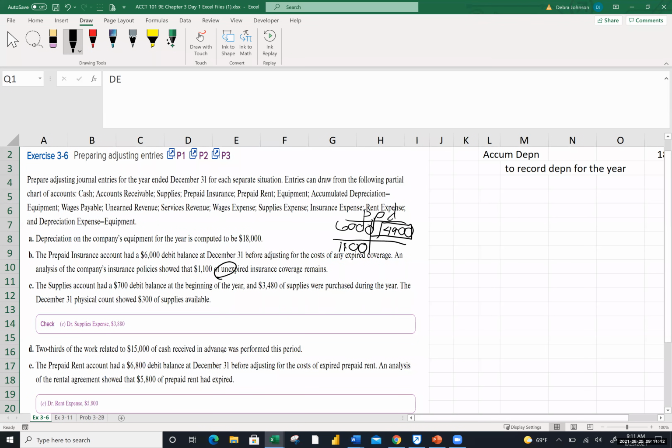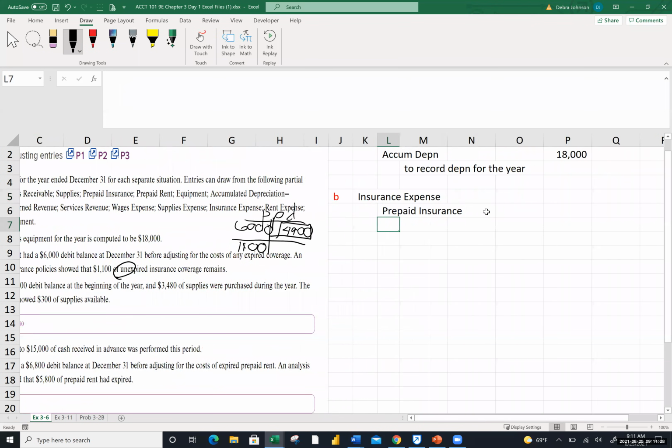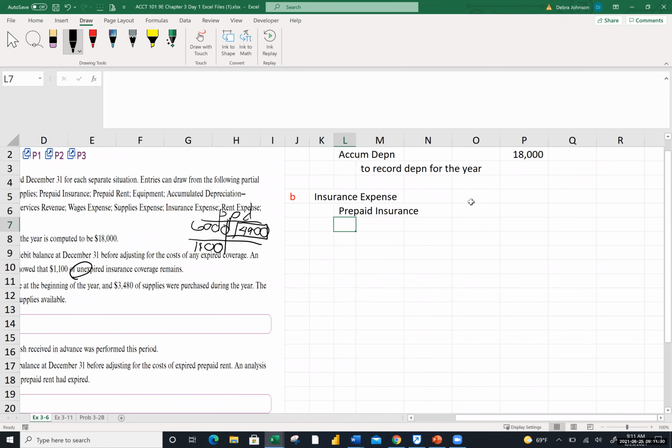That's the amount of expense that has expired. That's what we need to record. Okay, so how do you do that? Well, this is insurance expense and a credit to prepaid insurance. Half of you will make that for 1,100 and half of you will miss it. He told you how much was unexpired and you had to figure out the amount that had expired. Okay, so I'm going to write that in there.